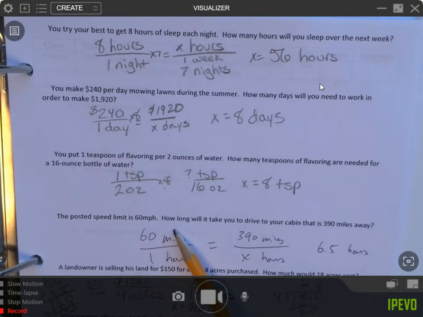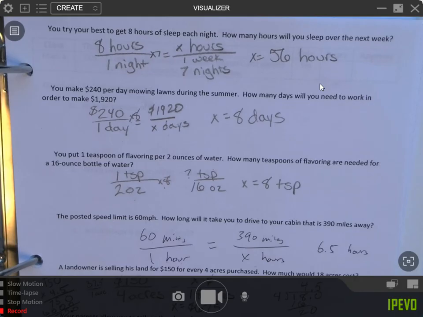Then 60 miles in 1 hour. So remember, we talked about that mph is miles per hour. So miles per hour, 390 miles would be how many hours? If we don't know what to multiply to get up, we have to divide backwards. Because 60 times what equals 390? I didn't know that.